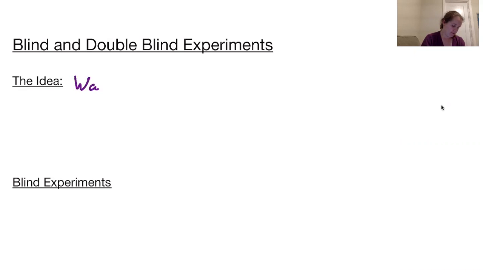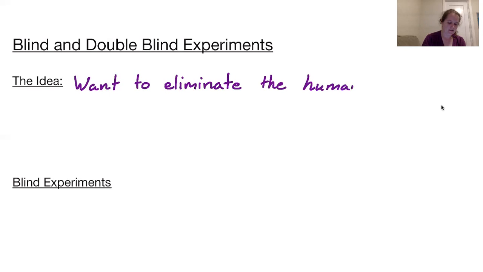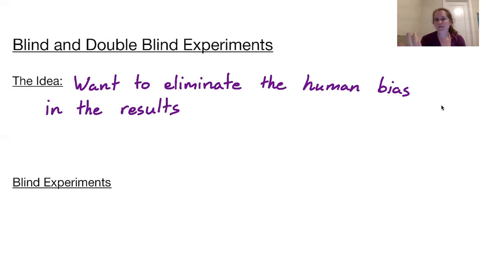So we want to eliminate the human bias in the results. Basically, we don't want the individual to sort of trick themselves into believing there's improvement because they expect one from the treatment.